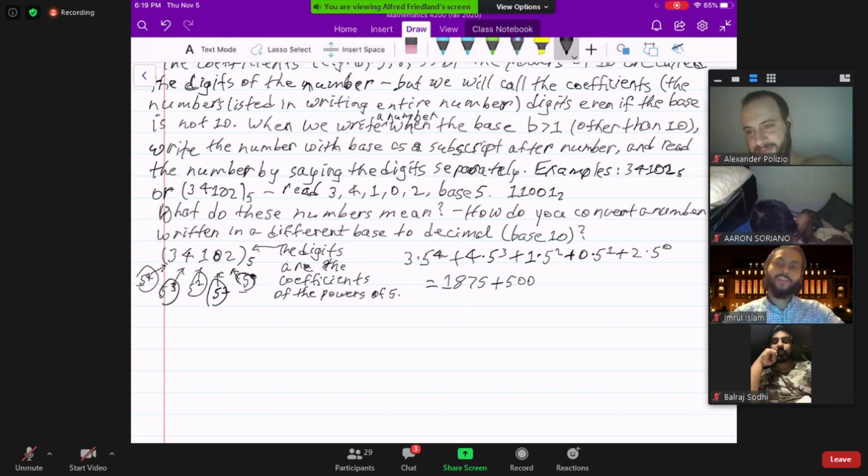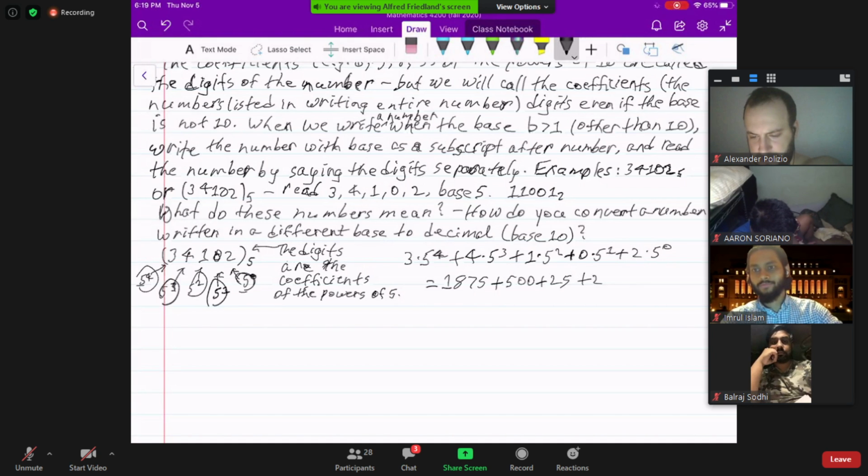Yeah, 4 times 125. So it's 4 times 100 plus 25. So you use the distributive property. 4 times 100 is 400, plus 4 times 25 is another 100. Okay, so plus 1 times 5 squared is 25, plus 0 times 5 plus 2. So whatever that comes out to be.